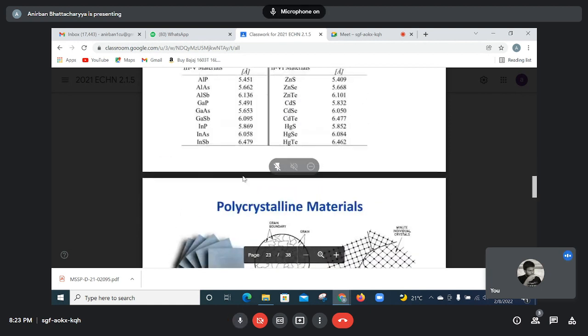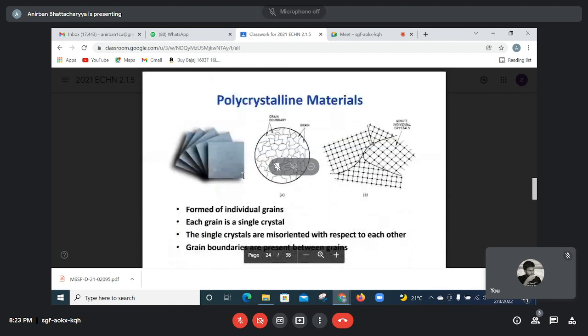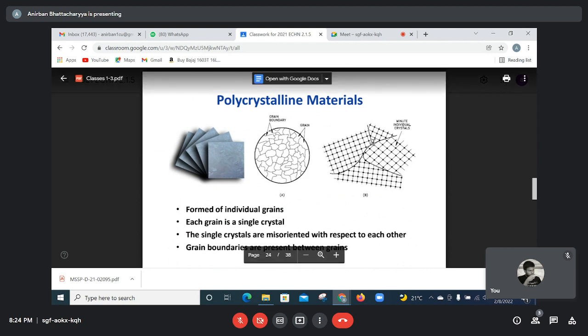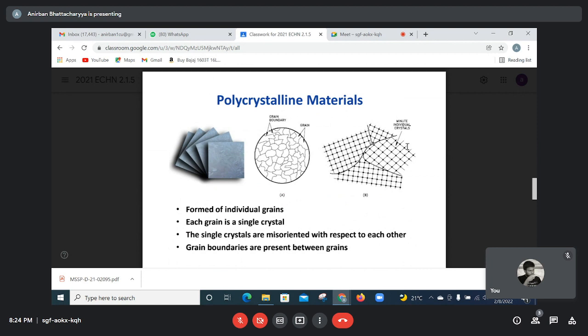And then we talk about the fact that there are three types of materials: something called single crystal, which we talked about already, and then polycrystalline materials. What are polycrystalline materials? These are materials where there are small regions which are crystalline by themselves, but they are mismatched. They are not oriented the same with respect to the next region.